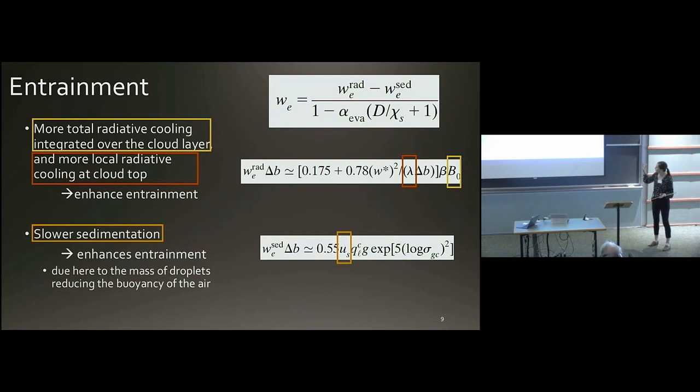Wait a minute, now I think I've gotten myself confused. Anyway, it works out that what you want in order to enhance sedimentation is to have slower sedimentation so that you keep that water in this interface zone longer, and so you have more opportunity for that drag to impact the air.